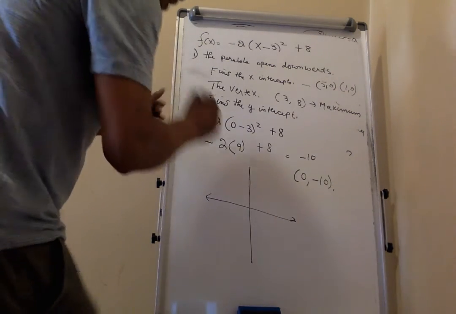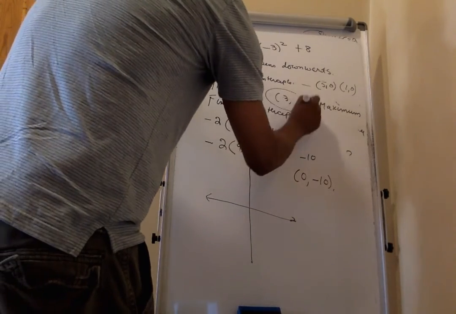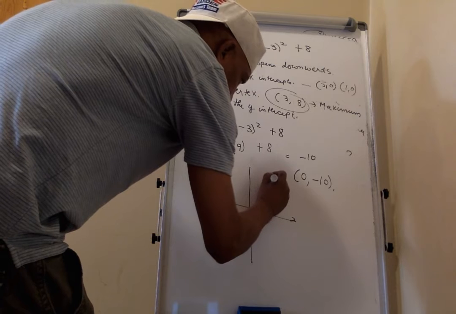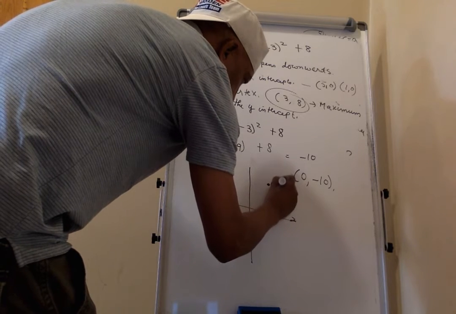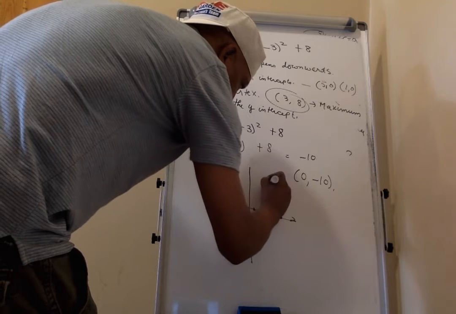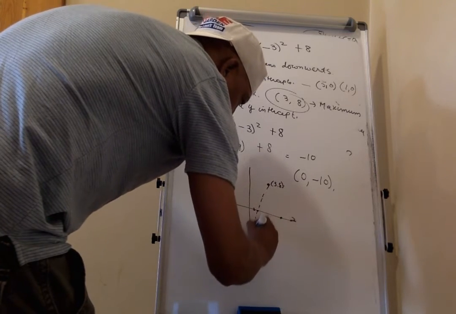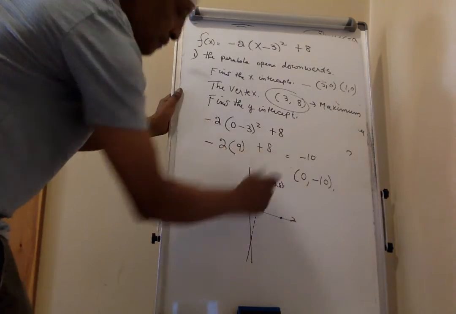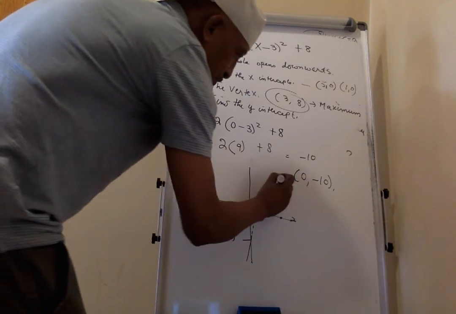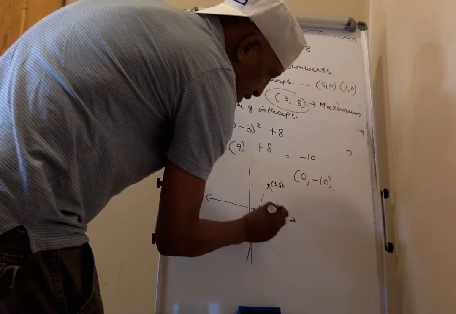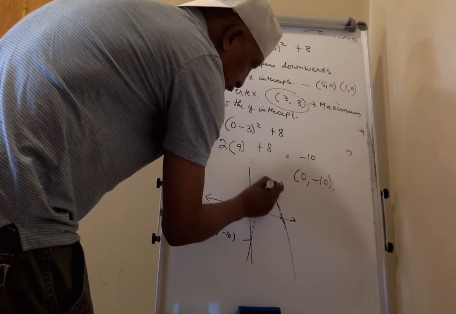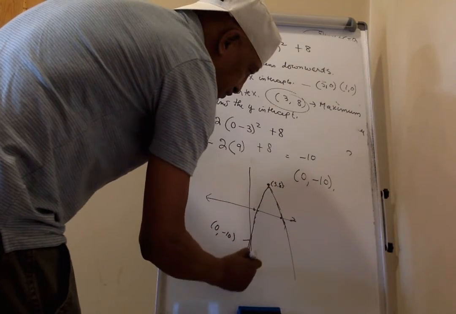In fact, before I do that, let me put the vertex, which divides the parabola into two halves. So you have this 3 and 8. Your 5 and 0 is somewhere. Your 1 and 0 is somewhere. And you cross the graph at 0 and -10. This is your 3, 8. Sorry for the graph, it is a parabola opening downwards.